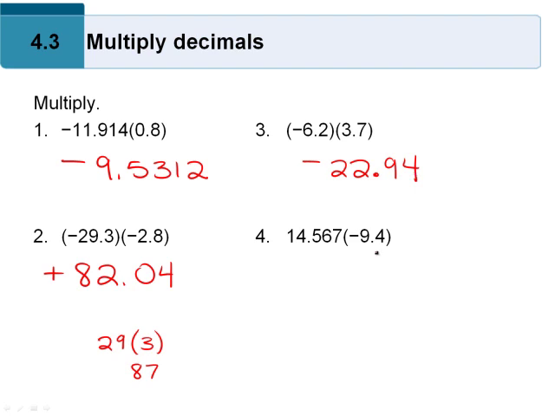The signs are different, so it's going to be a negative. And then put that in your calculator. So we have times 9.4, and you should get 136.9298. So make sure that you're getting the same numbers, by checking with your calculator.